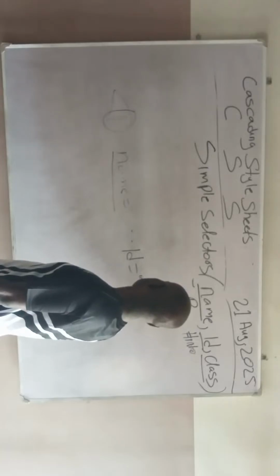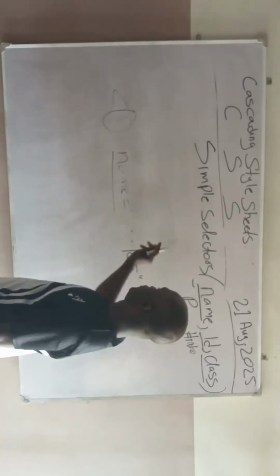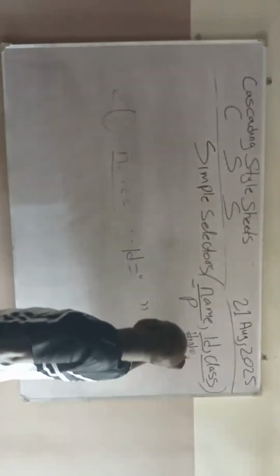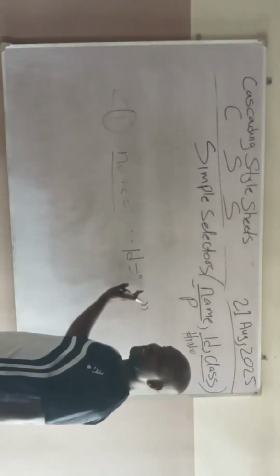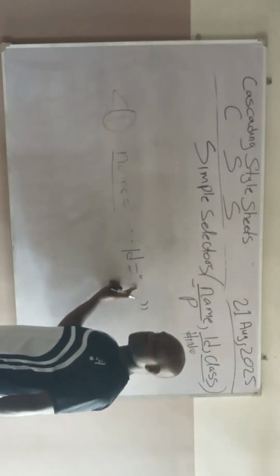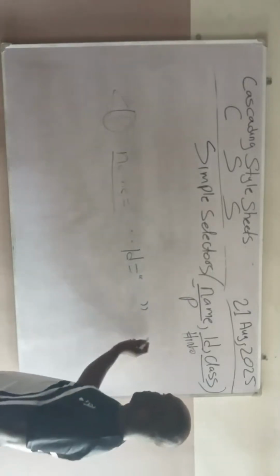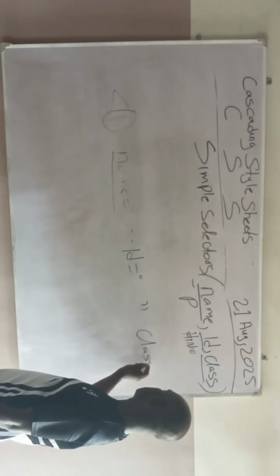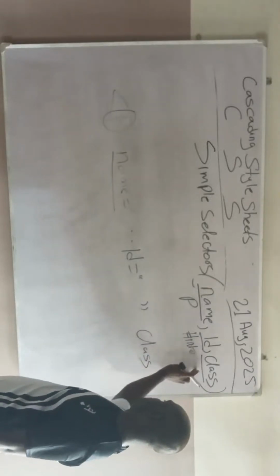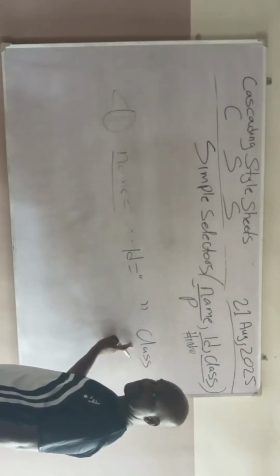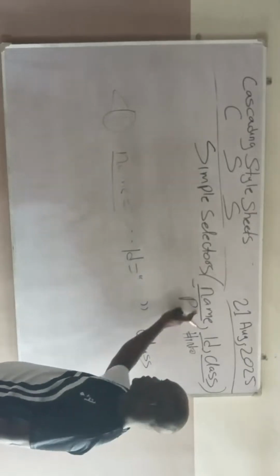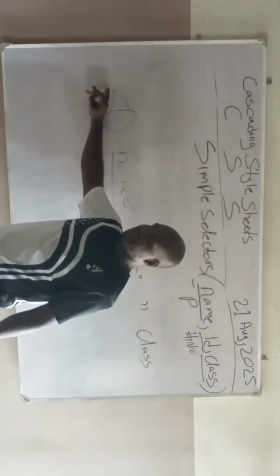Which is now with what? Hash. So this one selects by attributes known as ID. Then we have another attribute known as class. So this one we select based on class. But this one selects based on the element name.